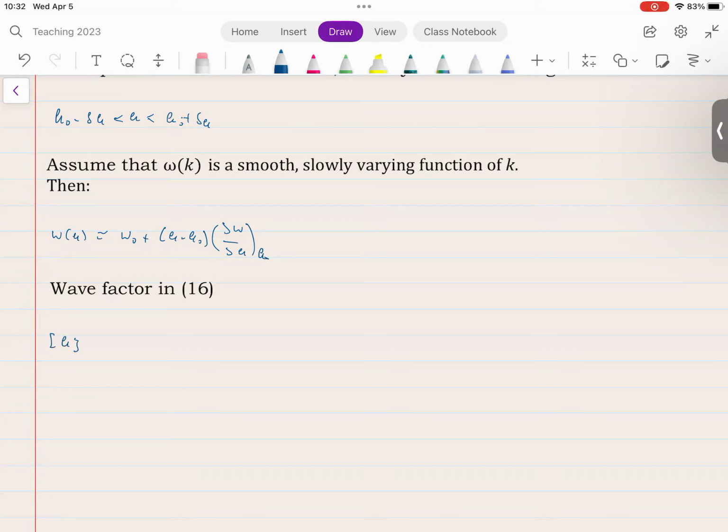What I have is k zeta minus omega of k times t. That gives me k0 zeta minus omega 0 t plus k minus k naught times zeta minus d omega dk at the value k naught, times t.